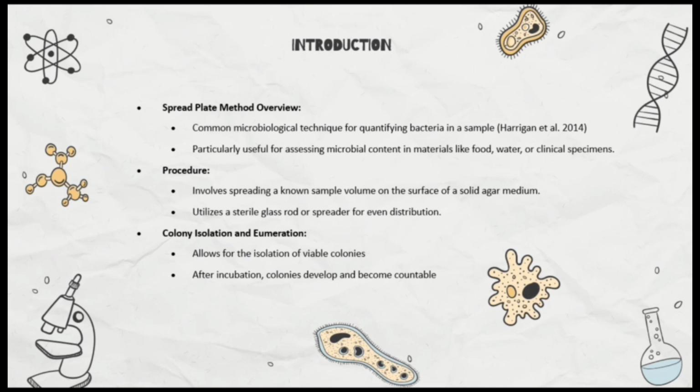Using a sterilized glass rod or spreader, the method entails uniformly spreading a known volume of the sample across the surface of a solid agar medium. The objective is to disperse germs uniformly so that viable colonies may be isolated and counted. Following incubation, colonies grow and become countable, allowing for an estimation of the original sample's microbial population.